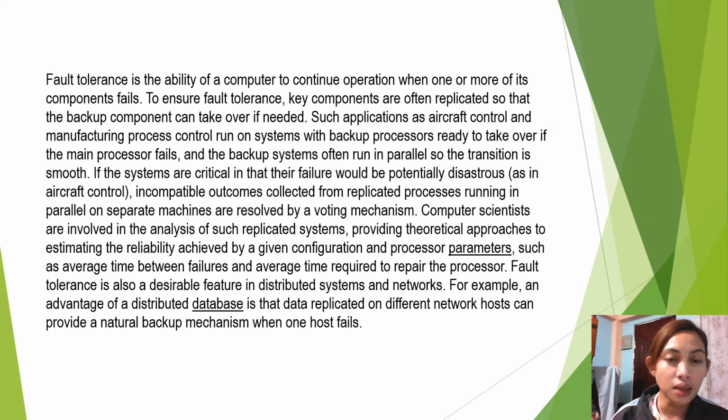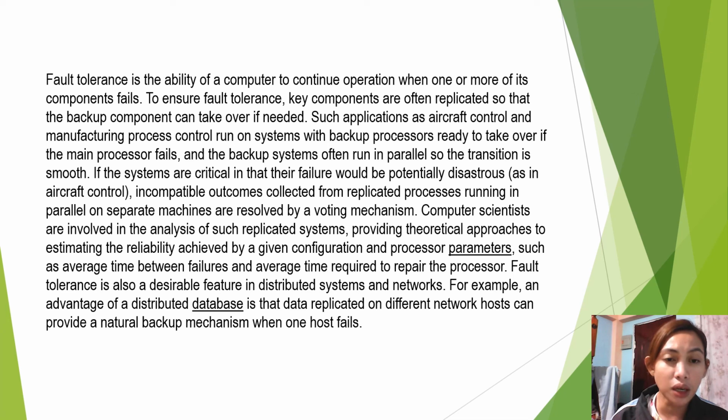Fault tolerance is the ability of a computer to continue operation when one or more of its components fails. To ensure fault tolerance, key components are often replicated so that the backup components can take over if needed. Such applications as aircraft control and manufacturing process control run a system with backup processors ready to take over if the main processor fails, and the backup systems often run in parallel so the transition is smooth.